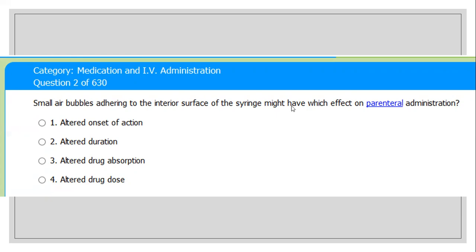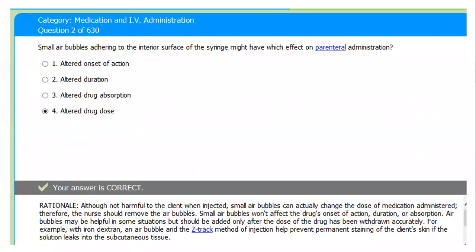So they asked which effect occurs on parenteral administration out of these four. They said alter the drug dose. Why? Although not harmful to a client when injected, a small air bubble, keep it in mind, it is small, but a big air bubble can cause embolism, right?